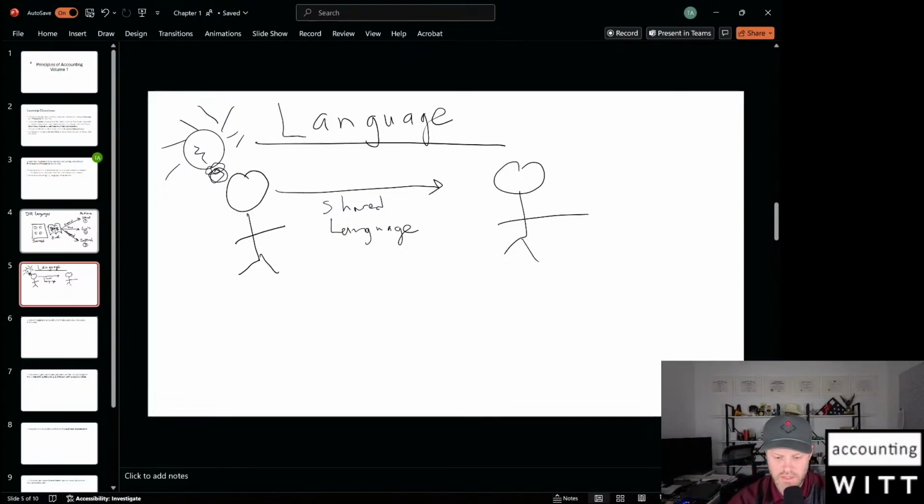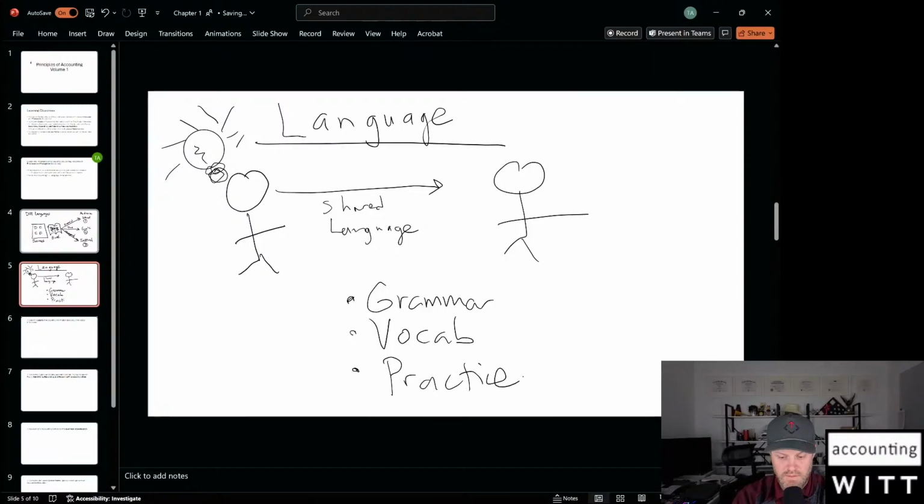How do you learn a language? So, in order to learn a language, you have to understand the grammar, the vocab, and then you have to practice. There is no shortcuts.